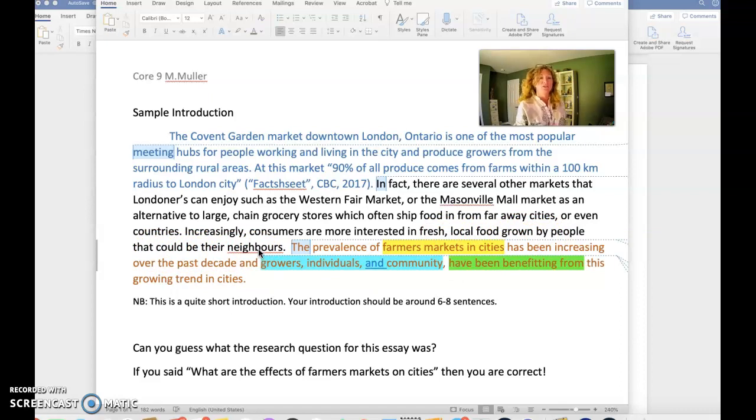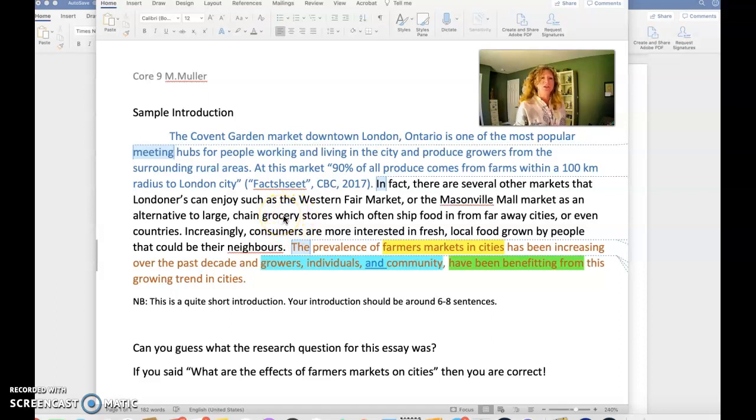All right, so by now, when you're reading the introduction, you should have an idea what the essay is about, okay? I'm guessing this essay is something to do about farmers markets, maybe compared to grocery stores. I'm not sure if there's going to be a comparison yet or not, but it does seem to be talking about farmers and people and food, farmers markets. So let's see. I don't know what my thesis is yet, and notice that there's no real details about anything that I'm writing about yet.